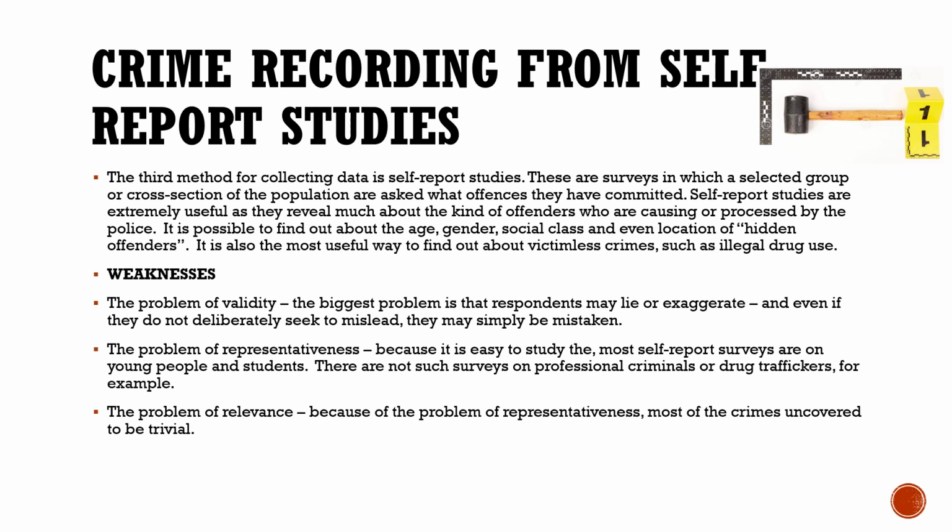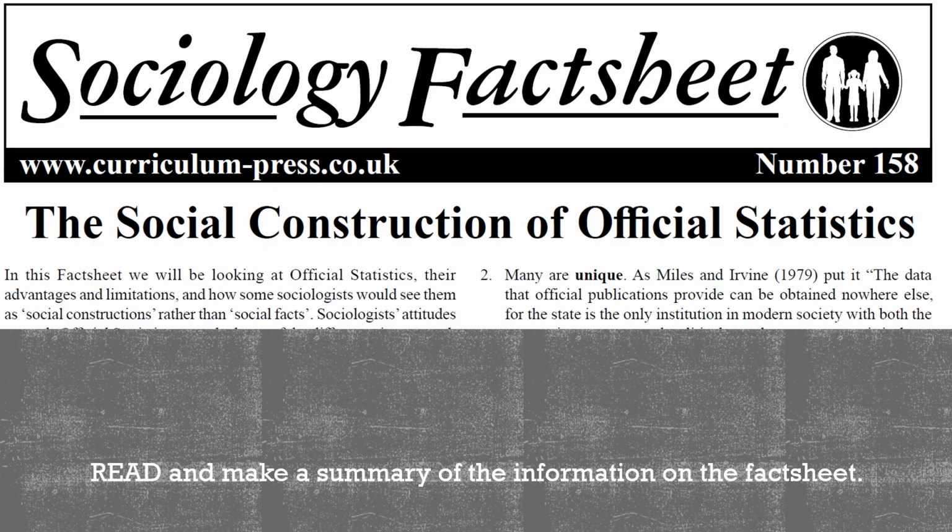It's great. It's not going to happen. So most of the crimes uncovered from self-report studies tend to be quite trivial, theft, vandalism, that kind of stuff. And it tends not to be a picture of the real issues around crime and deviance.